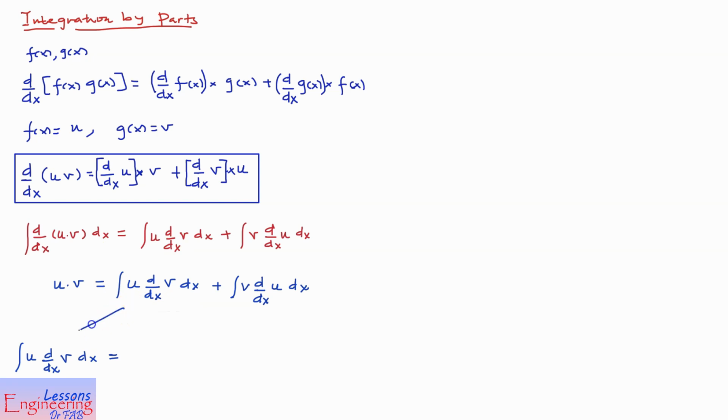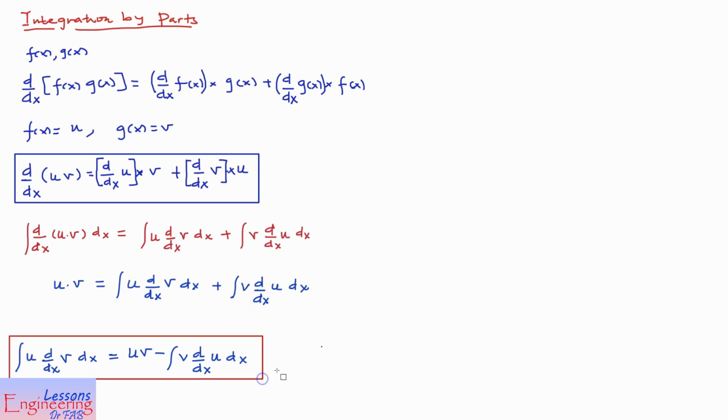Taking the other term to the left side, we get u times v minus the integral of v d by dx of u dx. We call this integration by parts.